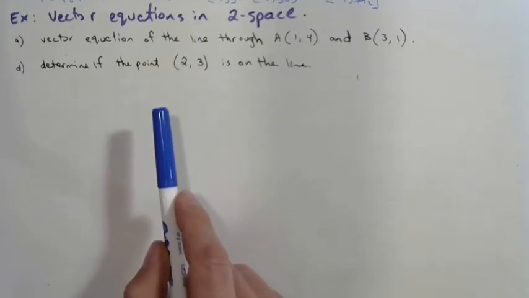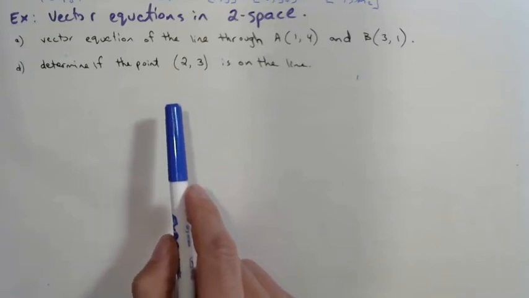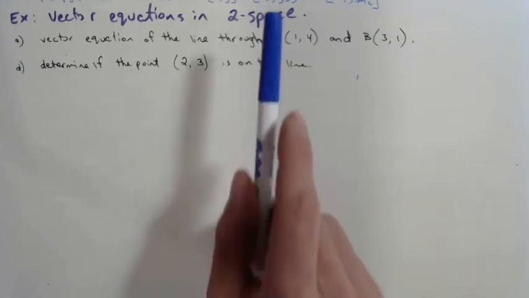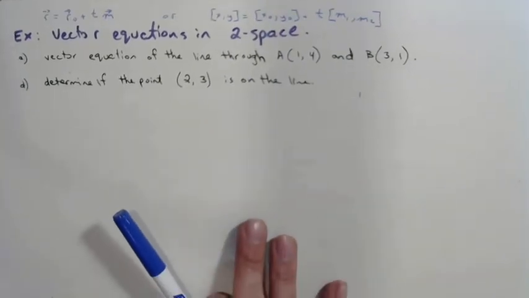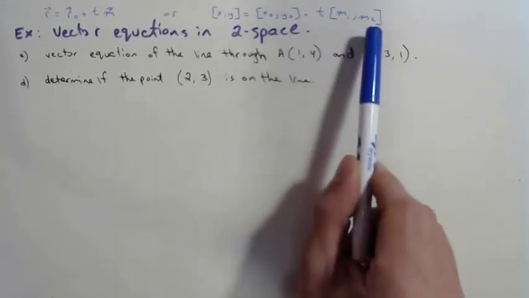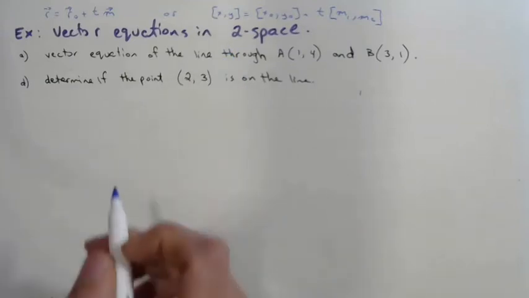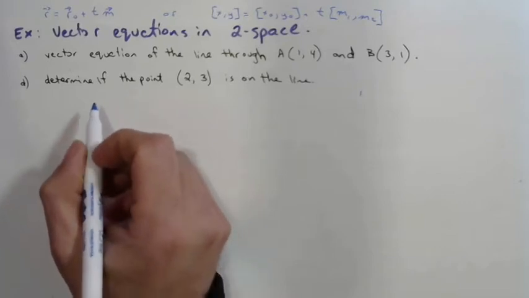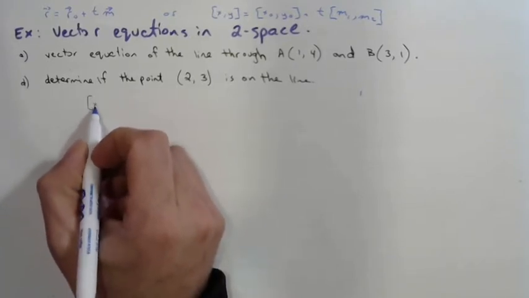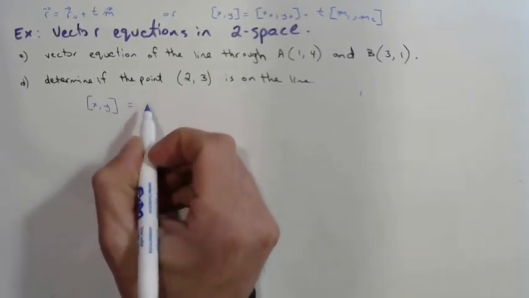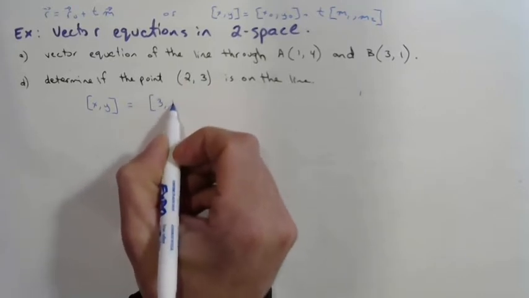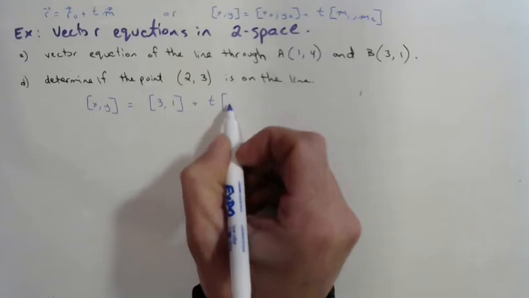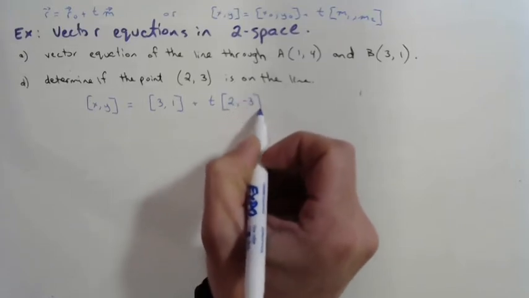So what we want to know is, is the position vector 2, 3 a defining position vector for this line that we have? And the line, I'll just pull up the equation again. We said that we're working with x, y is equal to 3, 1 plus some scalar multiple of our direction vector 2, -3.